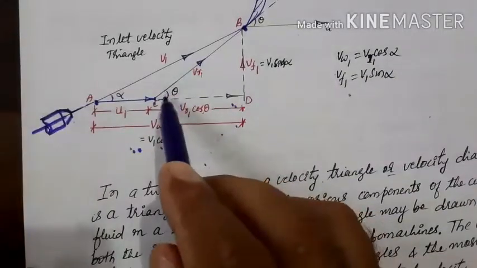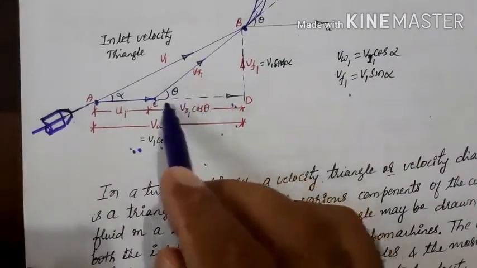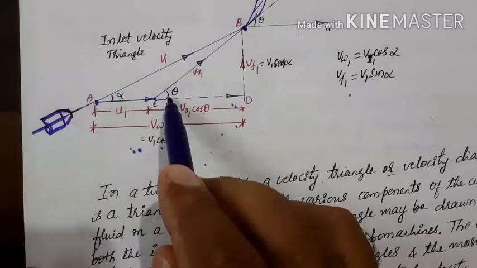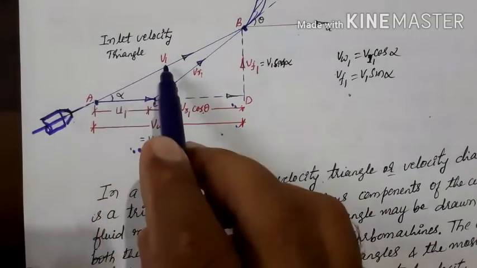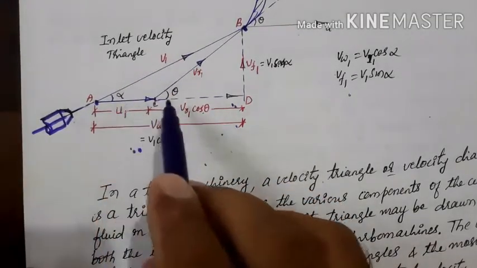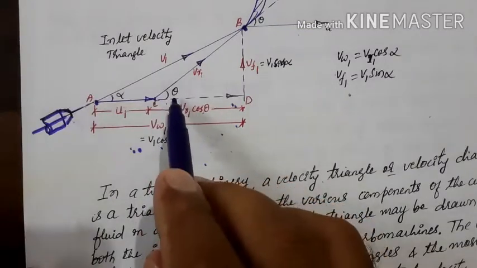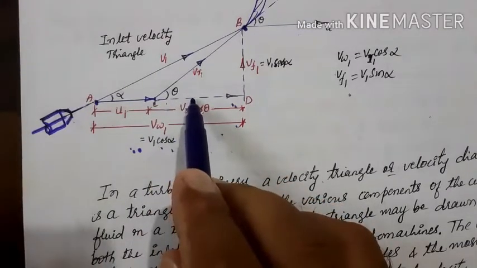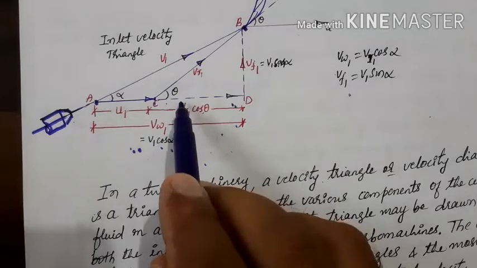Then this theta is the angle made by the relative velocity with the horizontal. Alpha is the angle made by the absolute velocity with the horizontal, and theta is the angle made by the relative velocity with the horizontal.